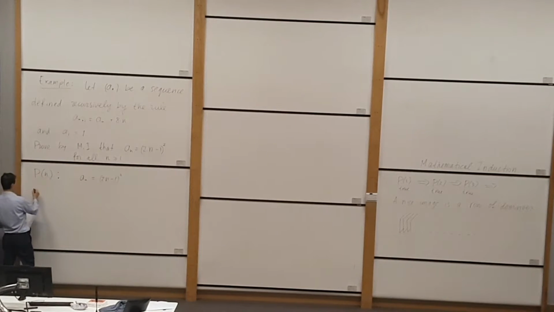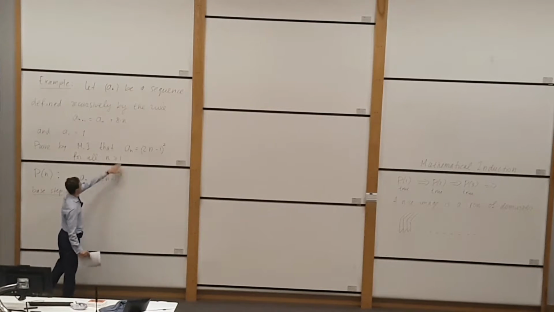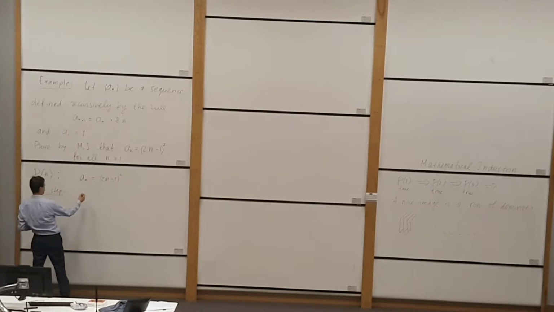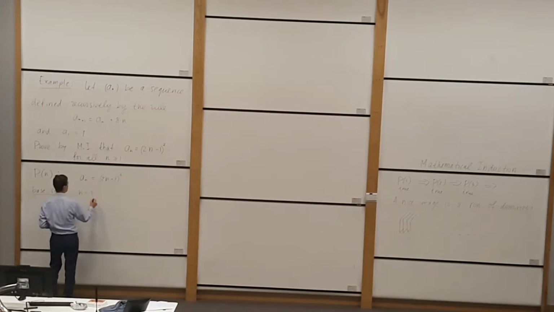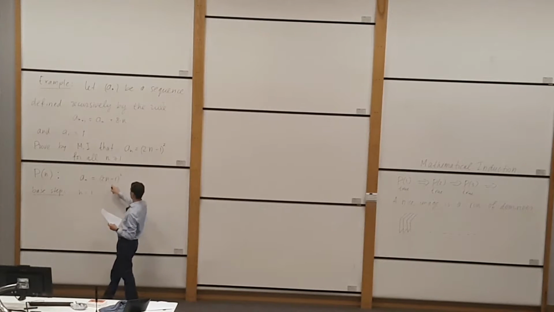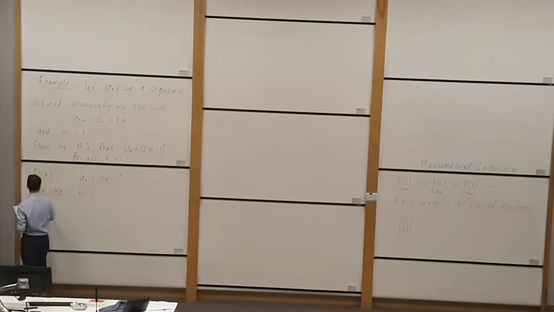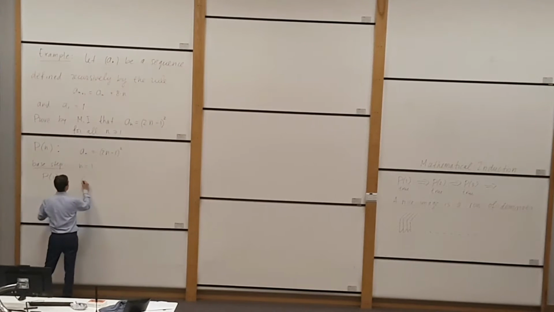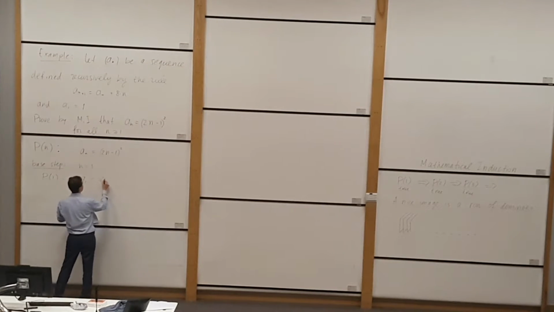So base step, we pick the smallest integer n for which it is supposed to hold. And we're told it's supposed to hold for n greater or equal than 1. So for n equals 1, we take this statement and take the P of 1, which says that a sub 1 equals (2 times 1 minus 1) squared.